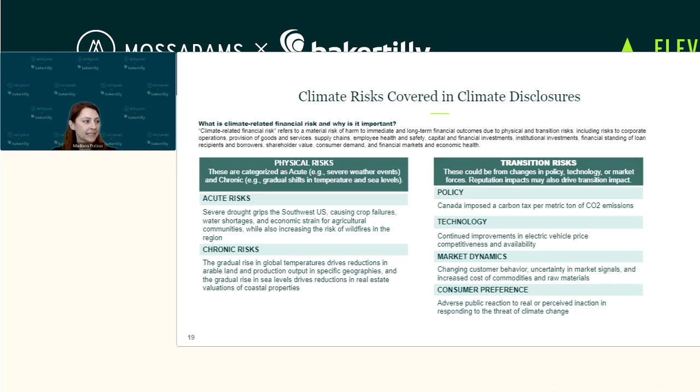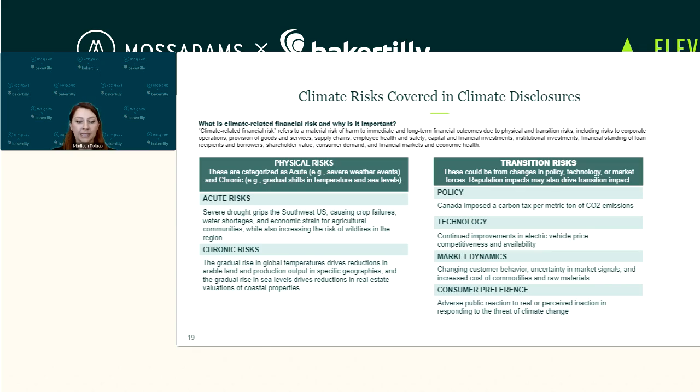On the left-hand side here, we have our physical risks. You can think of physical risks broken down into two categories, starting with acute risks and then chronic risks. Acute risks are short-term extreme weather events, wildfires, droughts, or hurricanes, while chronic risks are longer-term changes, such as gradual temperature rise, rising sea levels, or sustained reductions in rainfall.